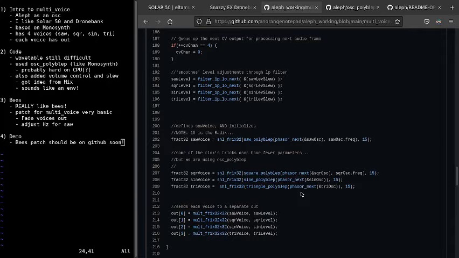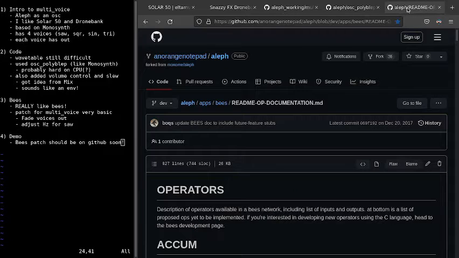Okay, next, let's talk about bees. I really like bees a lot. After getting aleph and looking at bees, I sort of understood how it worked, and the official documentation was very helpful, but I just didn't fully understand the functionality and power bees offered. The more time I spend with it though, it's just really amazing.